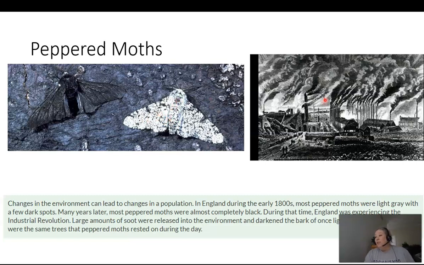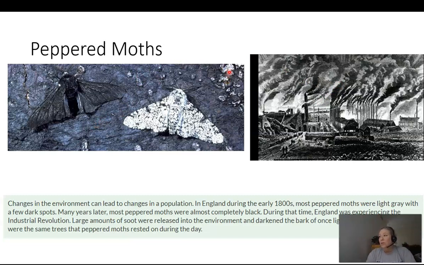But eventually, during the Industrial Revolution in the early to mid-1800s, right, lots of factories were built, and in order to power a factory, you have to burn coal, and coal is dirty. Well, it's a lot dirtier then than it is now. It's a little bit cleaner now to burn coal. But it used to produce soot, and all this black soot would get spewed into the atmosphere, and when the soot would settle, it would settle on everything on the ground, and it would settle on the barks of the trees.